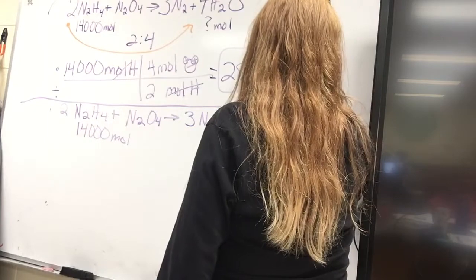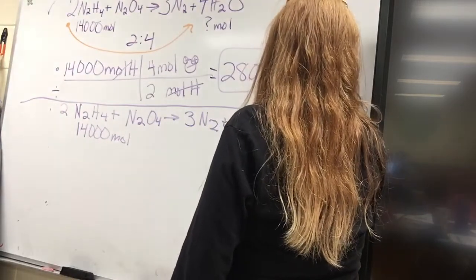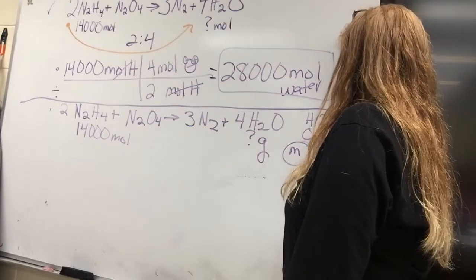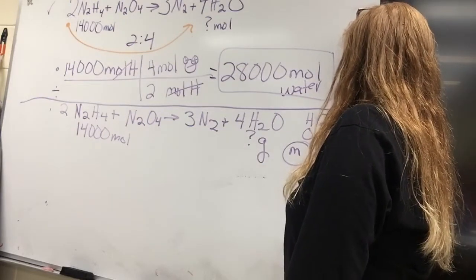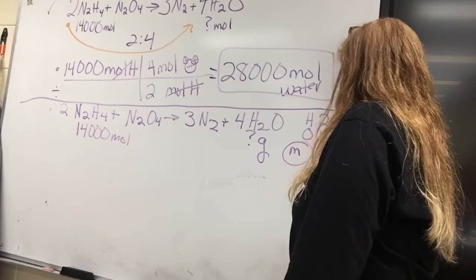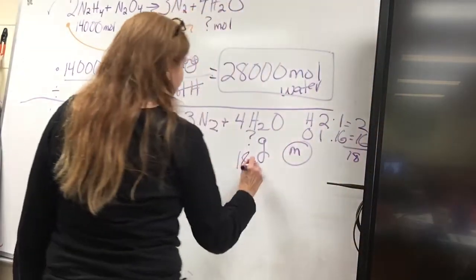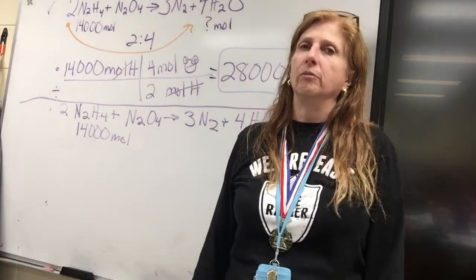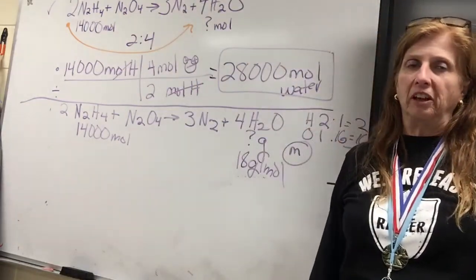So hydrogen, I have 2 of them. Oxygens, I have 1. Hydrogens weigh 1. Oxygens weigh 16. 2 times 1 is 2. 1 times 16 is 16. Add it together, it's 18. And you're going to end up memorizing that water is 18 grams per mole. It's in so many problems. You're just going to end up knowing that one.